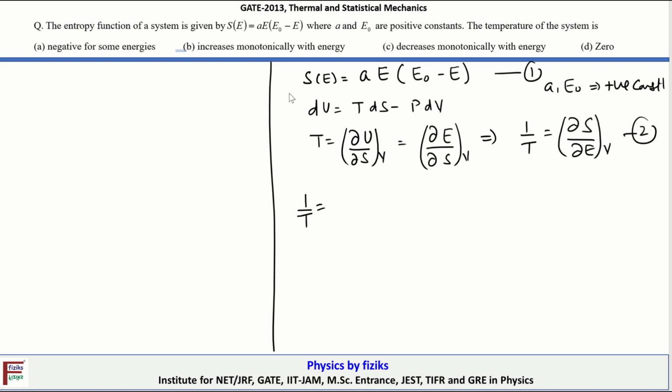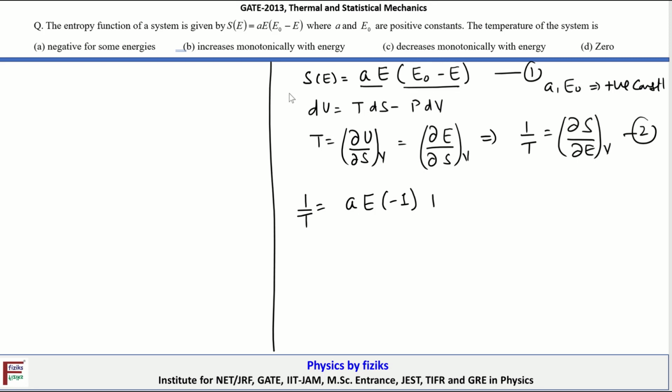So the expression can be dS by dE. So that means A. So let's treat them as two separate functions. So the first function, and then the differential of the second, that will give me a -1 here.